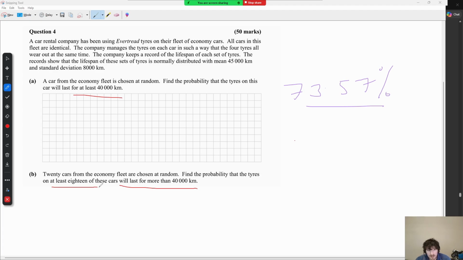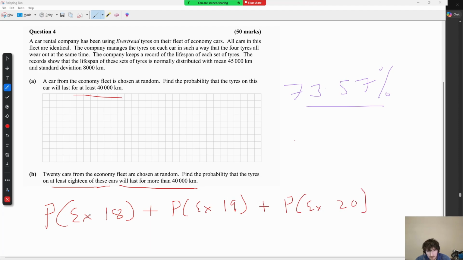So the probability that at least 18 cars can do this, we need to do a Bernoulli trial here. I've done probability videos on the channel, so if you're confused with your probability, have a look at those. The probability of at least 18 car successes is working out the probability of exactly 18 successes, plus exactly 19, and then exactly 20, right?